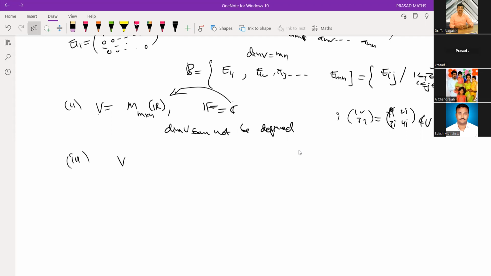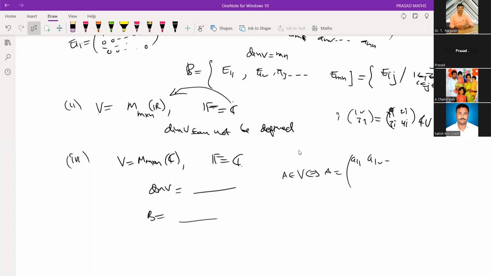Right? Suppose you take m by n matrices over C. My field is C. What is the dimension? What is my basis? Again, the idea is the same, using the same technique. M into n, that's it. The entries are complex entries over the field complex.